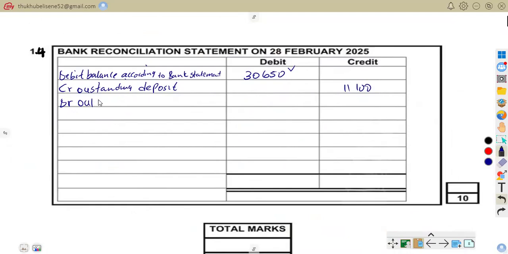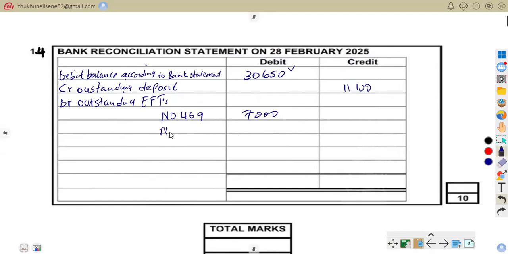Now we go to our bank reconciliation, where we say debit outstanding EFTs. So we debit EFTs. We have document number 469 of 7,000 for the Kids First Orphanage.